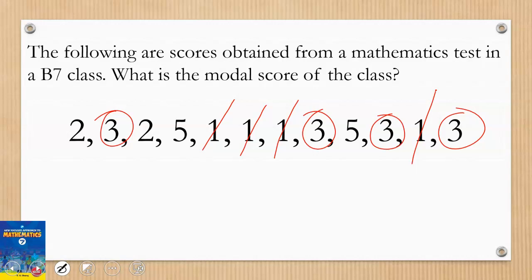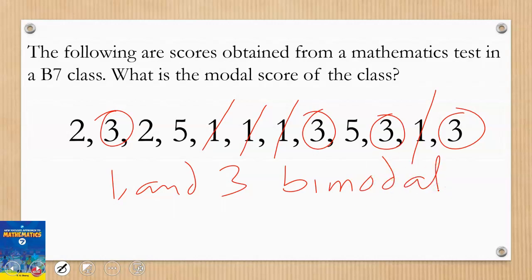So here, because there are 2 numbers that are occurring most frequently, we'll say the modal score will be 1 and 3, bimodal. The word is bimodal because we have 2 of the numbers appearing most. So the modes of the data are 1 and 3. I hope it makes sense.